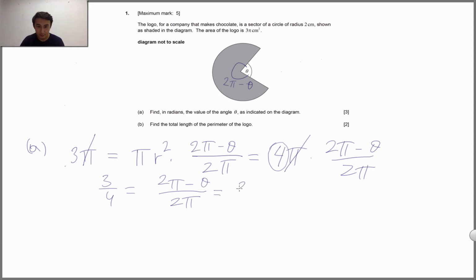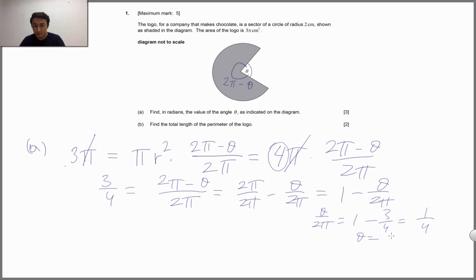We can split into two fractions, 2 pi over 2 pi minus theta over 2 pi. 2 pi over 2 pi is 1 minus theta over 2 pi. Alright, with some algebraic manipulation, we will get theta over 2 pi will be equal to 1 minus 3 over 4, which is 1 over 4. From here, theta will be equal to pi over 2.